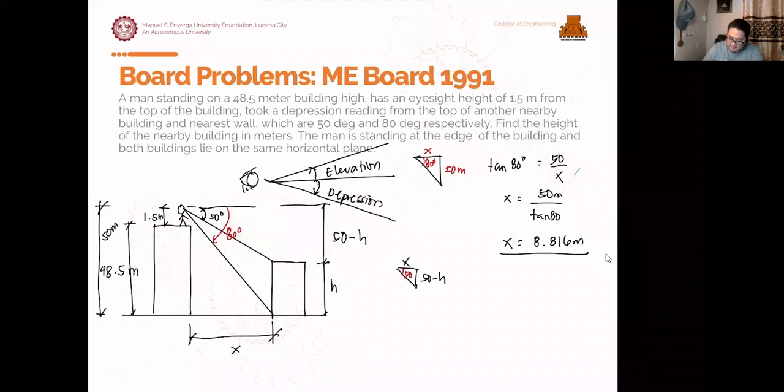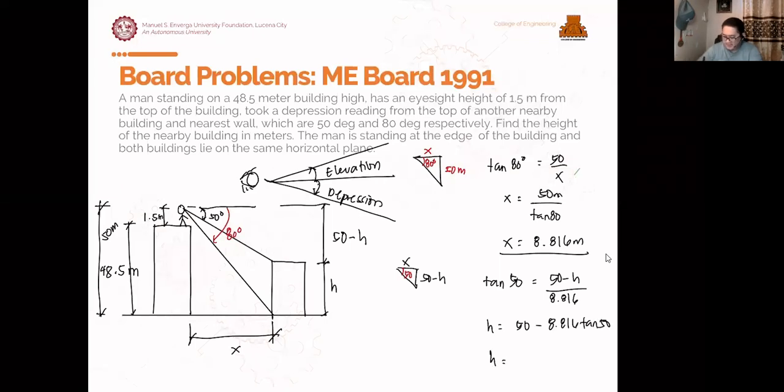Okay? So using the same trigonometric function, so tangent of 50 is equals to 50 minus h all over 8.816. Okay? So para makuha si h will be equals to 50 minus 8.816 tangent of 50.